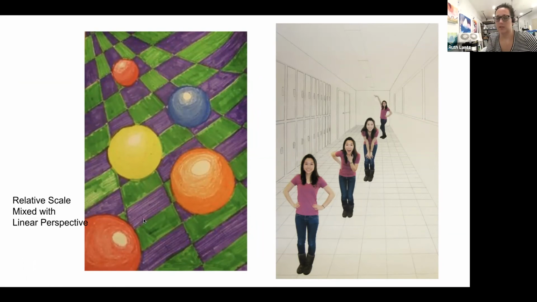This linear perspective that I was talking about is where this floor is diminishing as it goes back in space. The lockers, the hallway, how all these squares are moving to a singular point, and we'll talk about that later. But then the people are more in relative scale because they have that sense of shrinking.